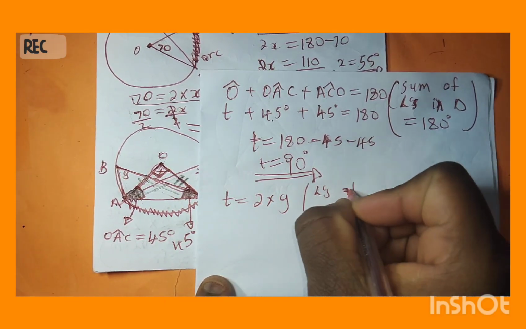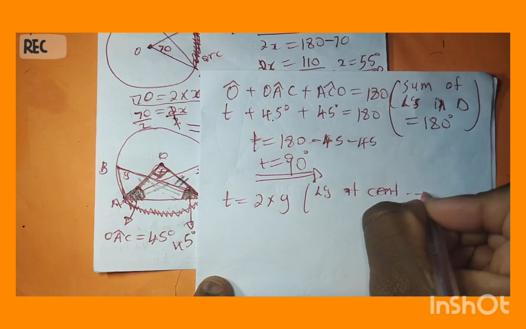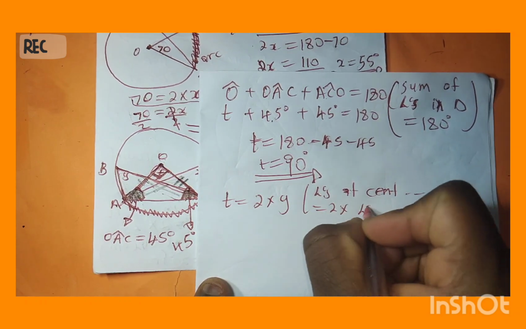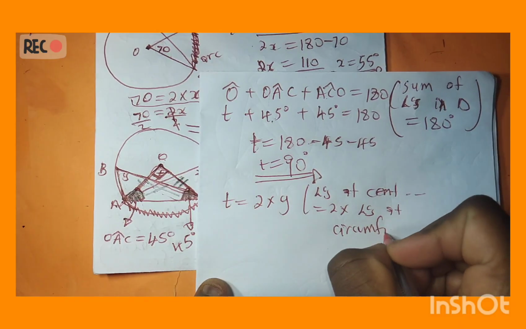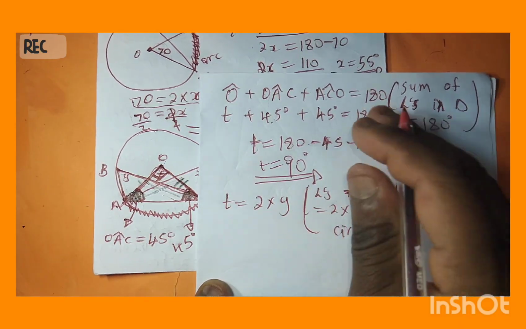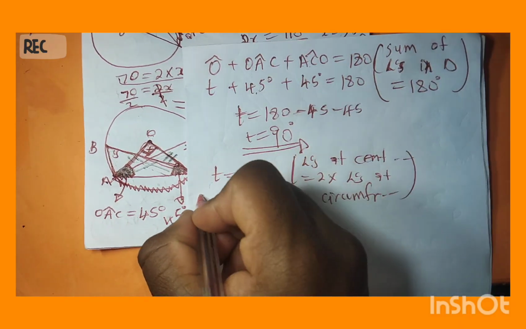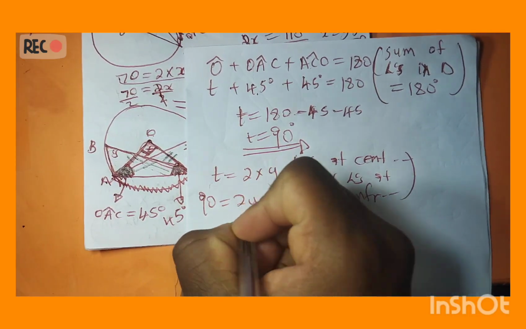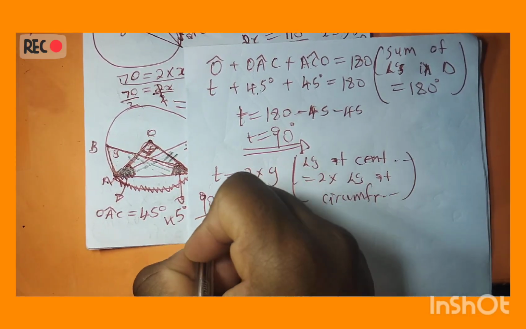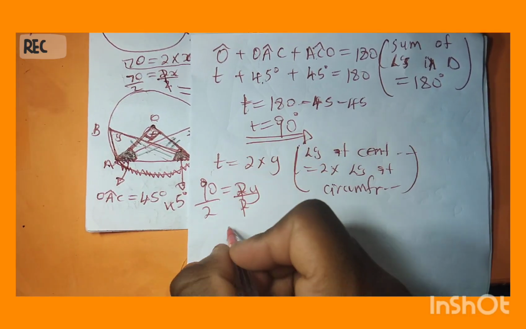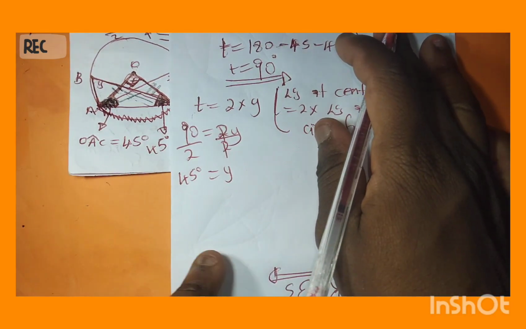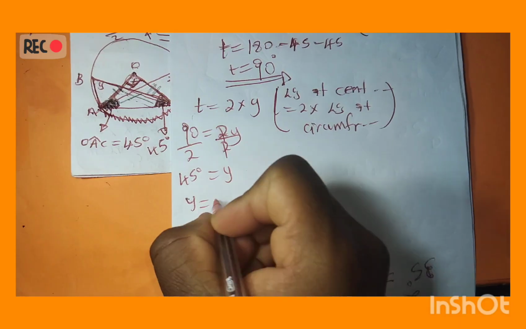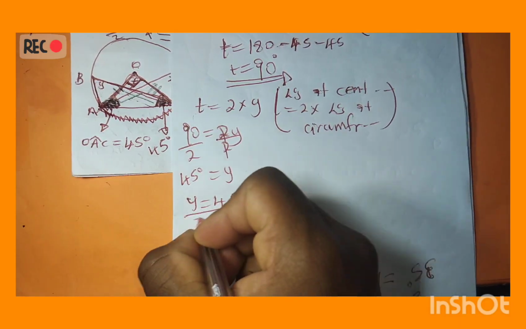Angle at center is equal to 2 times angle at circumference. Now I can substitute, I know t is 90, then I solve for y. Divide both sides by 2, meaning here I've got 45. So this tells me that the y value is equal to 45 degrees.